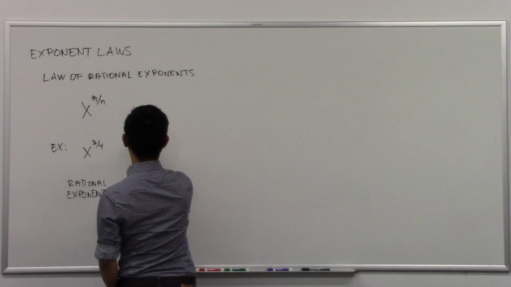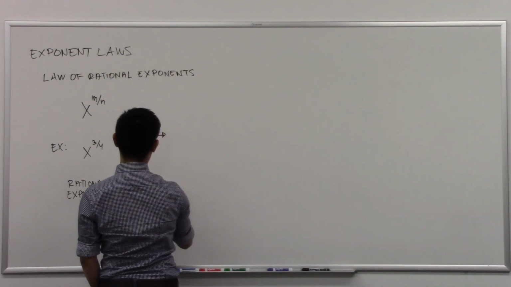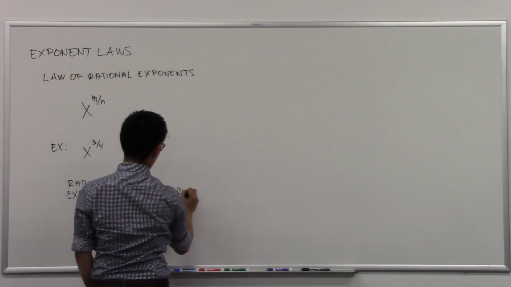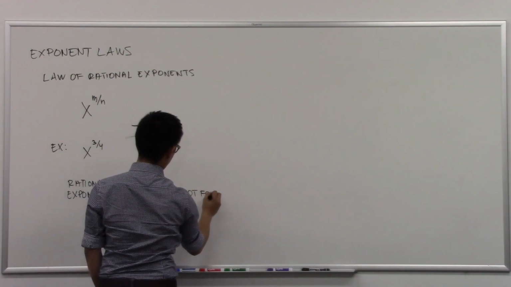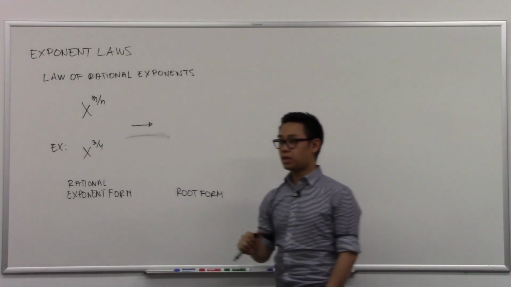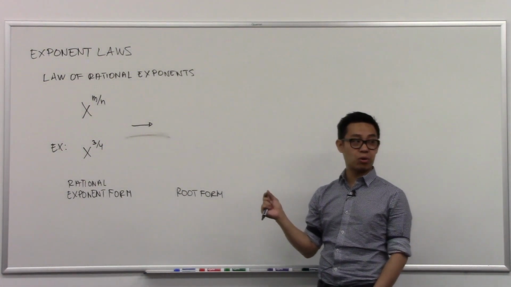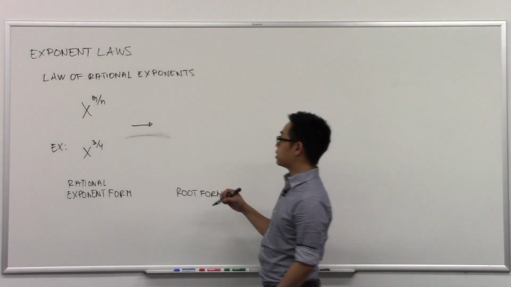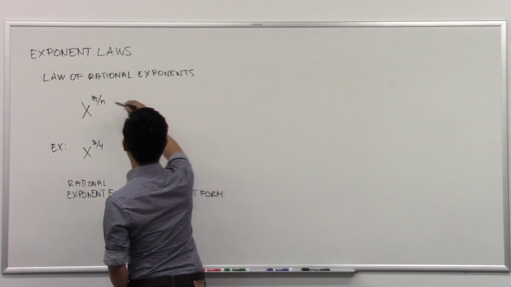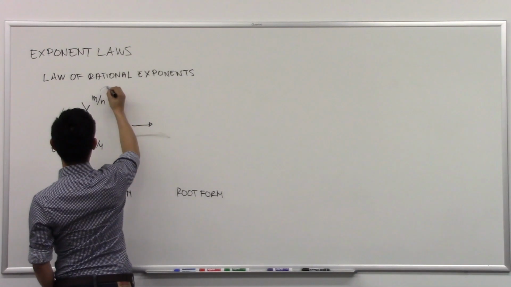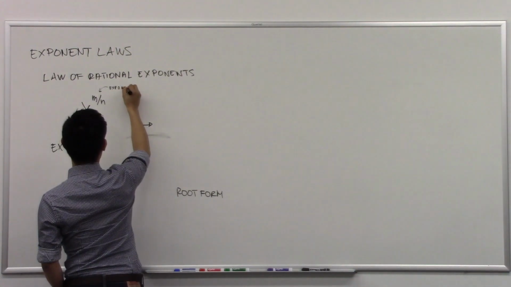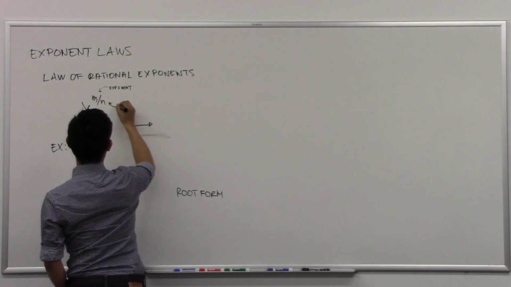You can change it to root form, because when you have a rational exponent, it really means that it is a root. The numerator here, this is the exponent. This n is called the root index.